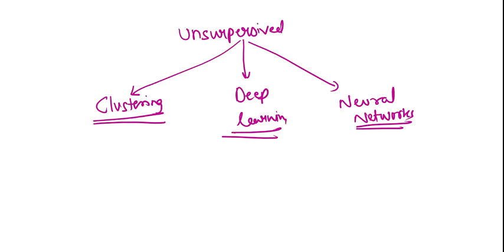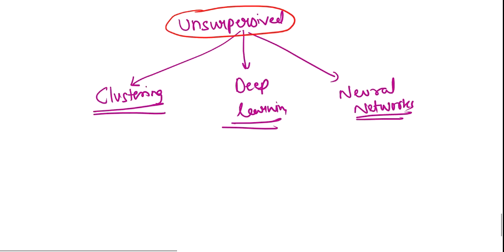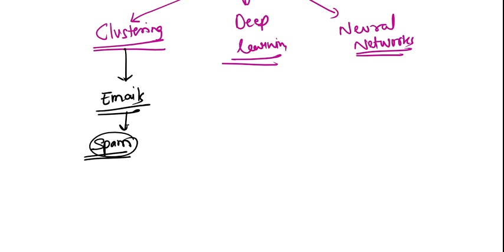Now what is the meaning of clustering? This is basically an unsupervised learning. So you can see that every time the output is not going to be correct. So what is the main aim of clustering? To ensure that from the input they can create a structure of the data. So clustering means, if you have seen your emails, how your Gmail, how your Outlook is able to segregate those mails which are spam. They create a group. If the mail is coming from such and such domain, they will always put it into spam.